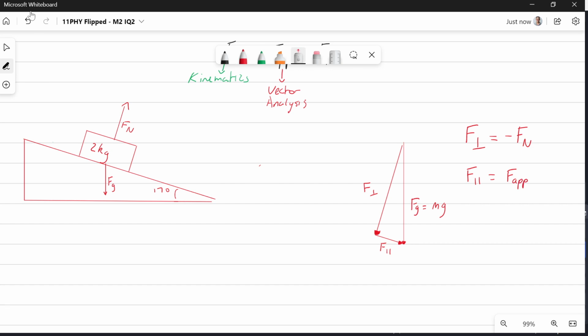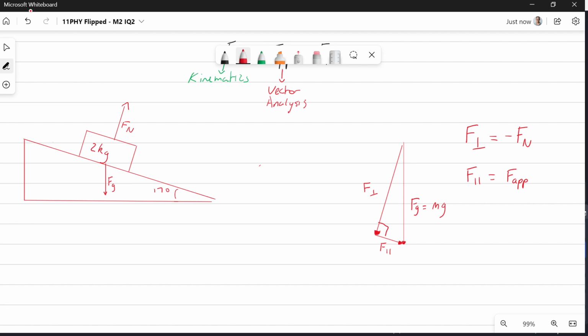So here, this vector accounts for all of the force that is being applied to the block parallel to the incline. So in other words, the force which is actually going to cause some amount of movement in the block. So in other words, the component of the gravity force which is actually going to cause movement in the block parallel to the incline. So to figure out what this applied force is, we are going to have to do some right angled trigonometry.